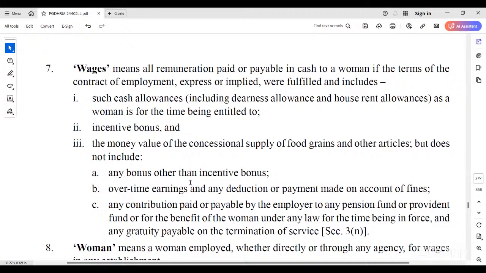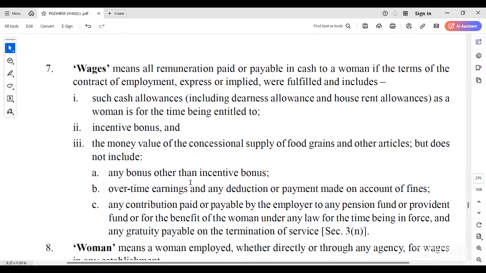We have covered these wages in many previous acts. In such cases, cash allowances to which a woman is for the time being entitled, and incentive bonus are also included in wages, along with the money value of the concessional supply of food grains and other articles.